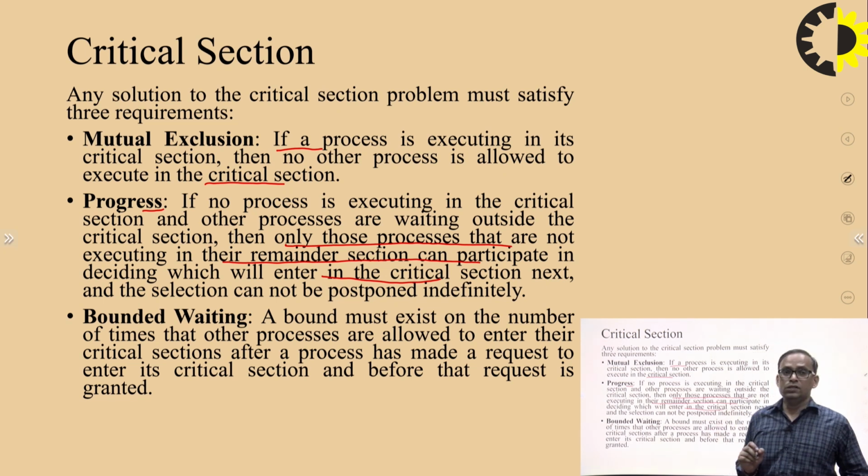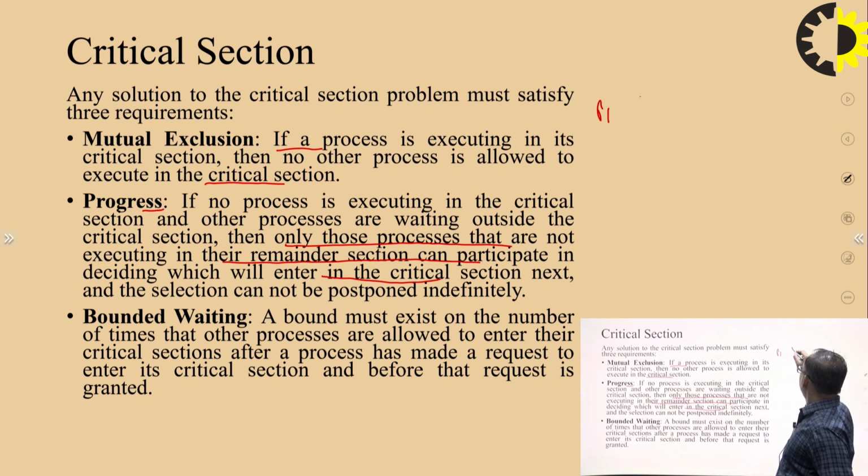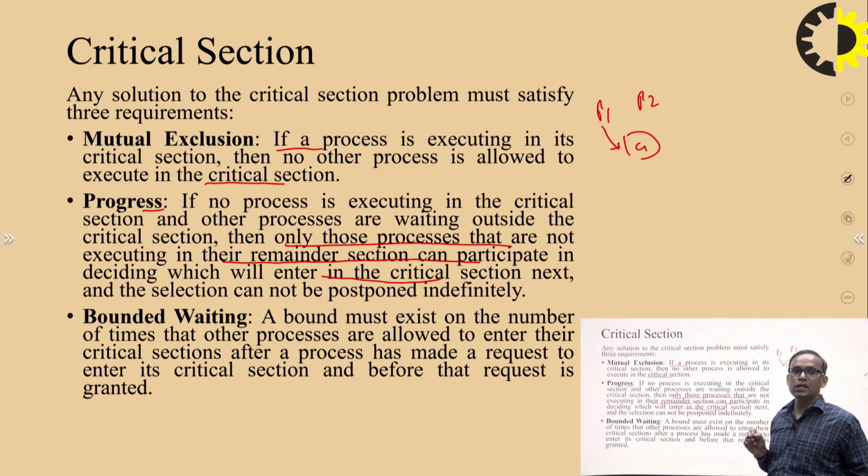It means suppose there are two processes P1 and P2, both wanting to share a common resource A. If A is free and P1 wants to enter the critical section, then first we will see whether P1 is in the remainder section or not. If P1 at that time is in the remainder section, then P1 can access A and enter the critical section. It means progress must be there.